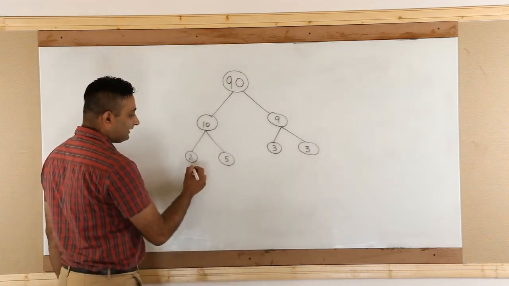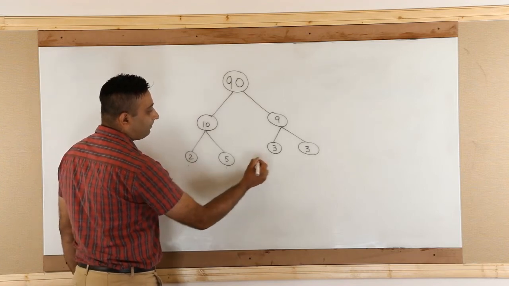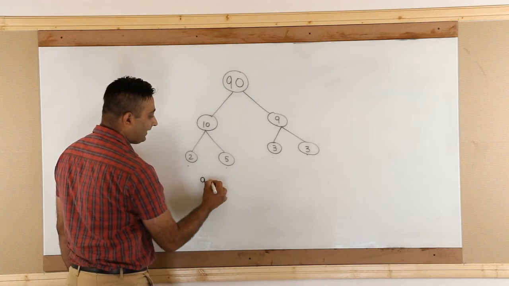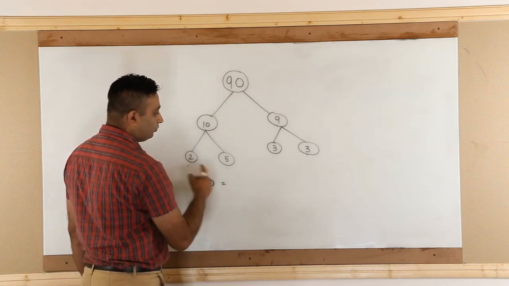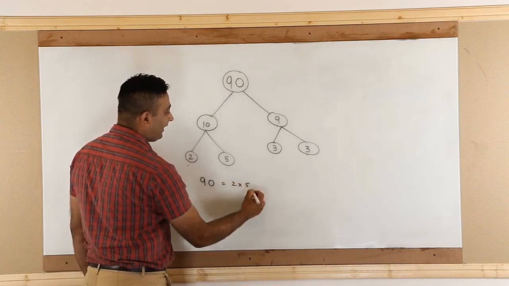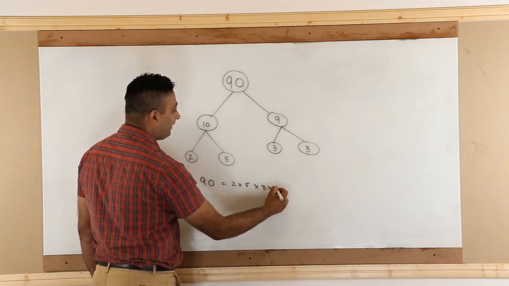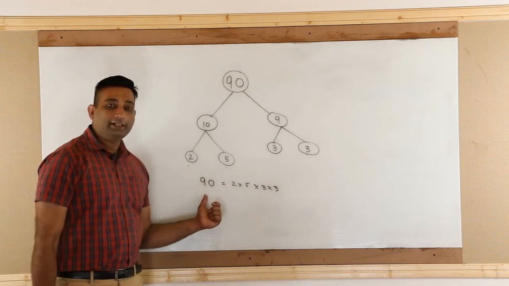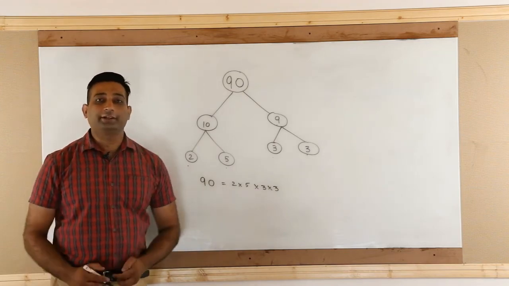Then we can say that this is a prime factorization of 90. So we can write 90 is equal to 2 multiplied by 5 multiplied by 3 multiplied by 3, which is a prime factorization of 90 using the factor tree.